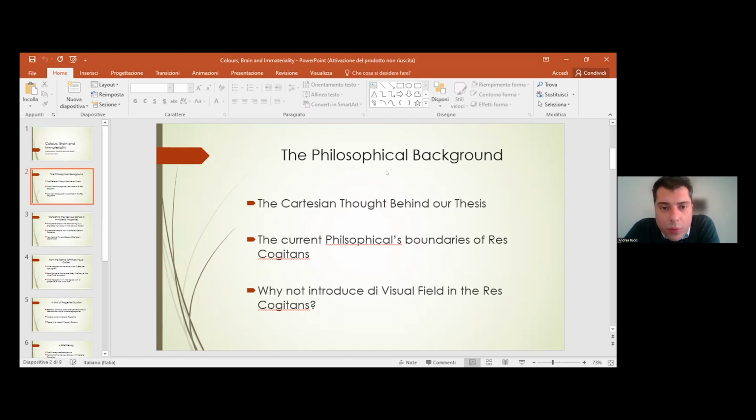Behind what we thought, it is the Cartesian thought of the dualism between immaterial soul, for example, and material things. The Cartesian doubt is the doubt that there is something really true out there, and we can doubt everything, but not the fact that we are doubting.